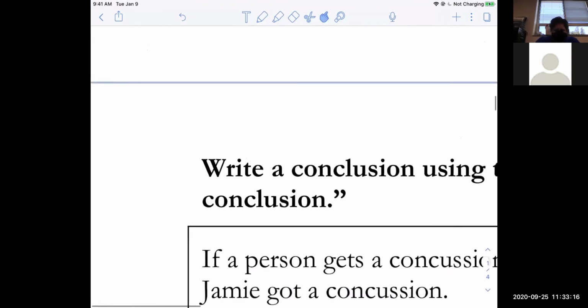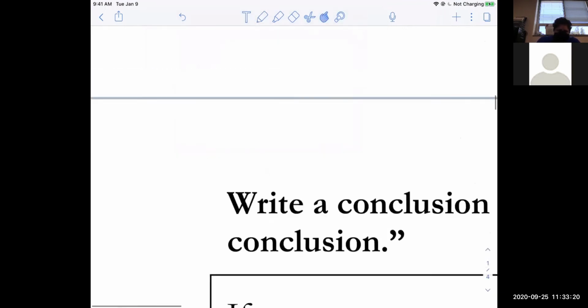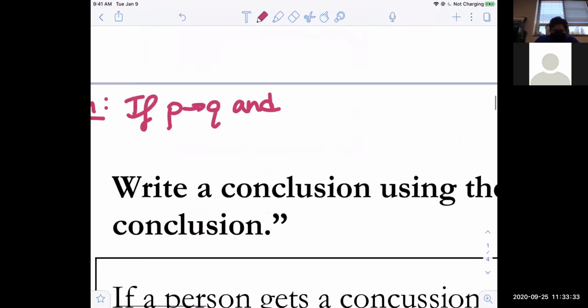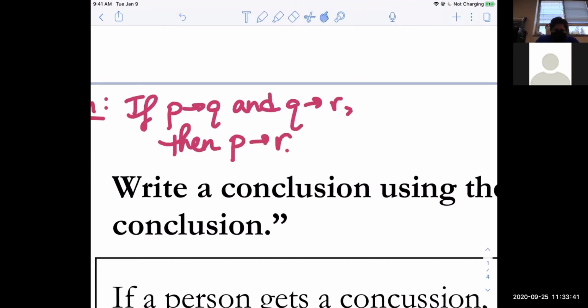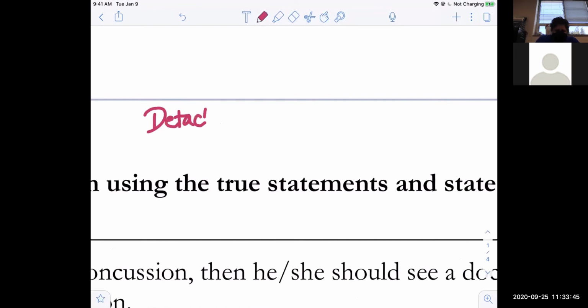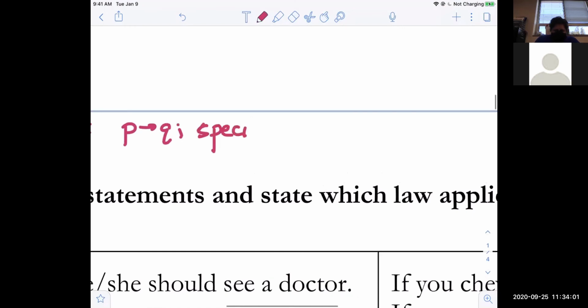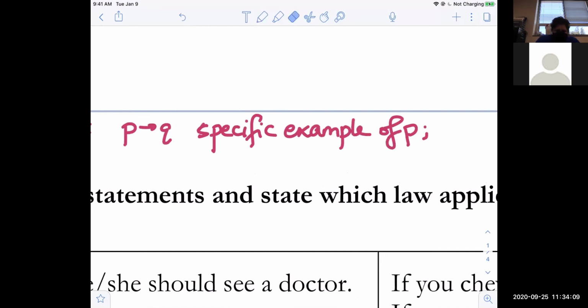Let's write a little helper up here. Syllogism is the one that goes, if P implies Q and Q implies R, then P implies R. Detachment will be: P implies Q, a specific example of P, and then Q is true.